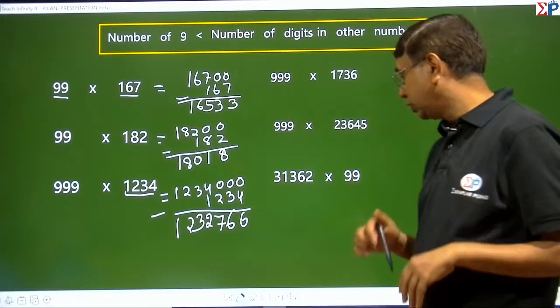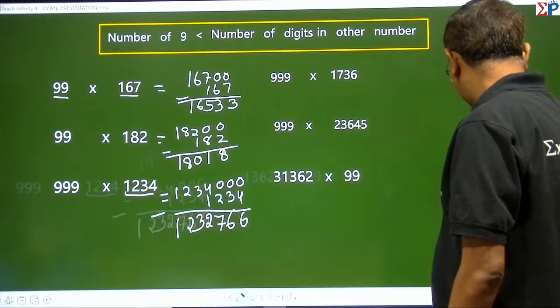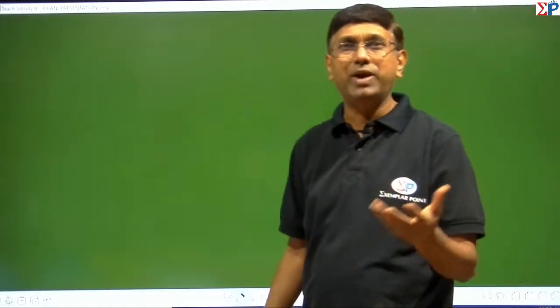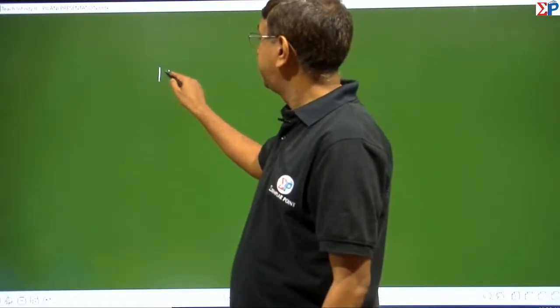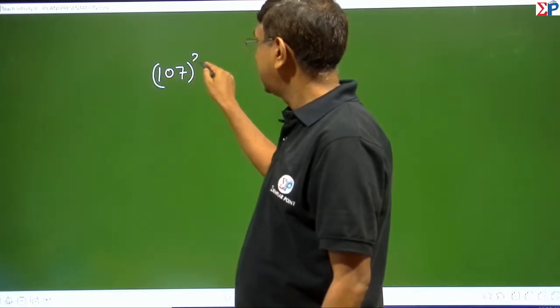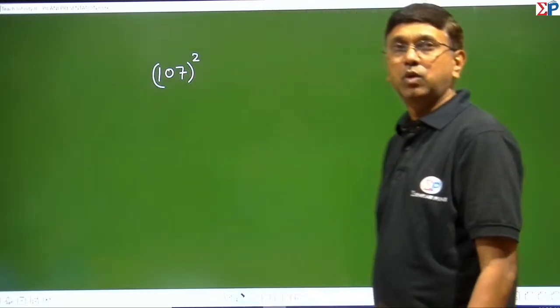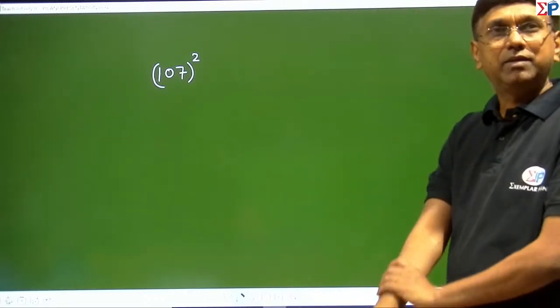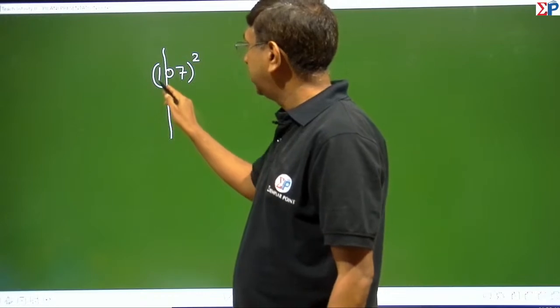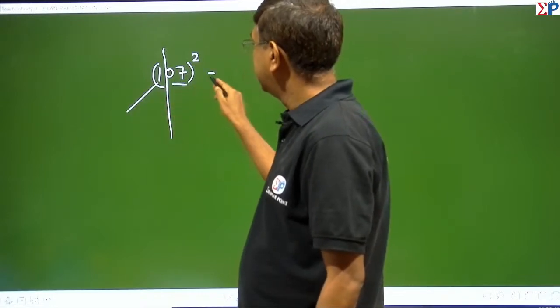So now we'll teach you a one-liner for how to write the square of a number. When you're dealing with a big number, how do you write squares? For example, you have 107 square. So you divide it into 2 parts, one side 1, one side 7.